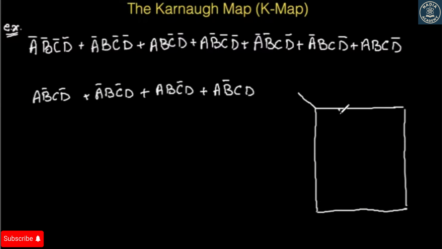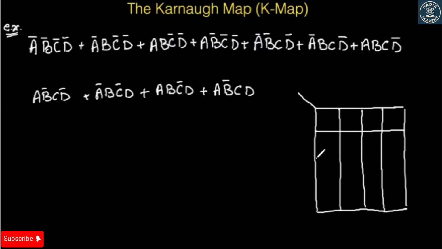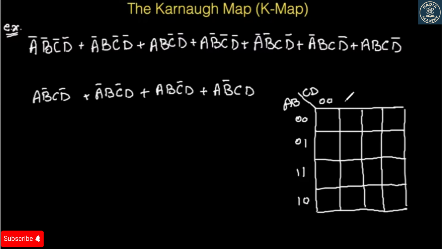So we will have this situation, 1, 2, 4, and 1, 2, 4. So A, B, C, D: A B, 0, 0, 0, 1, 1, 1, 1, 0. So 0, 0, 0, 1, 1, 1, 1, 0.